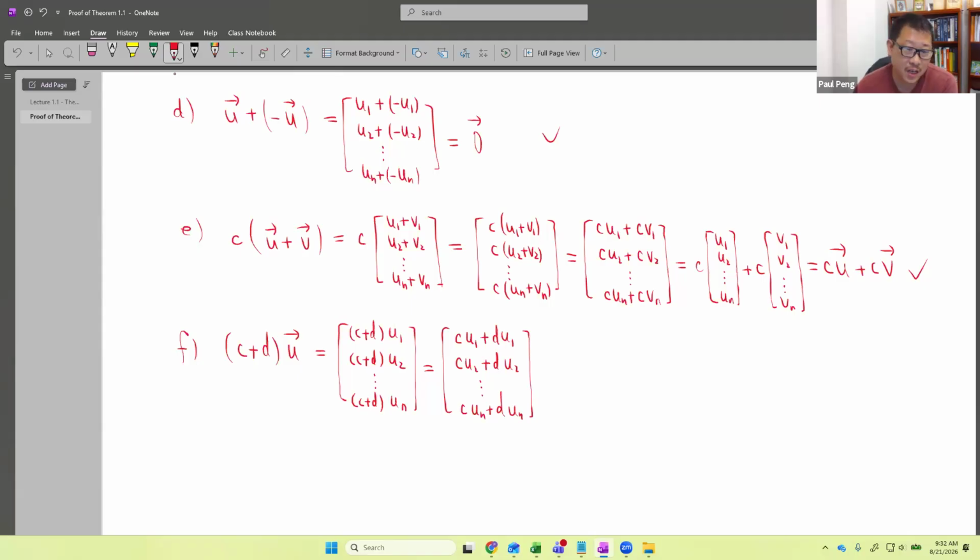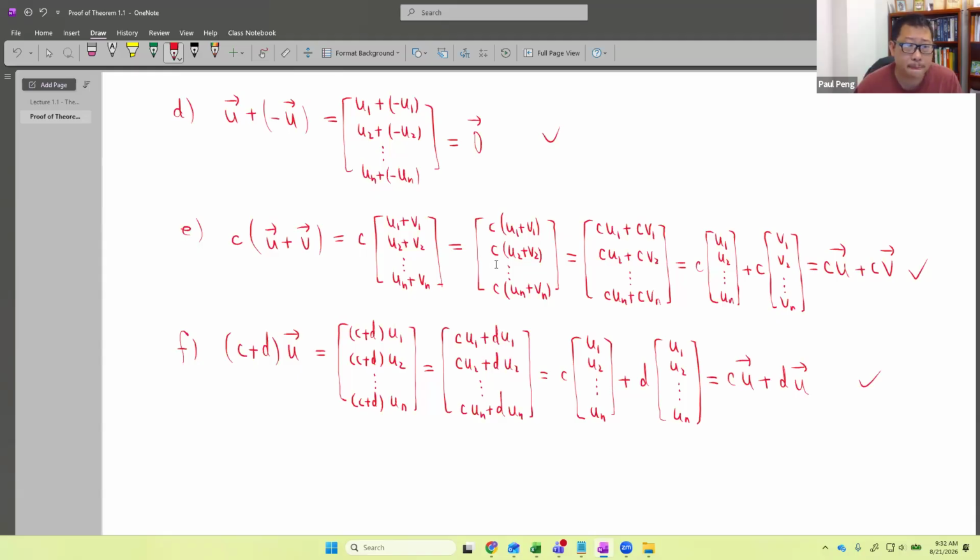One is addition, another is scalar multiplication. Definitely we can put this as C times u1, u2 to un, then D times u1, u2 to un. That's C times u plus D times u vector. Can you see? We can distribute u to C and D.